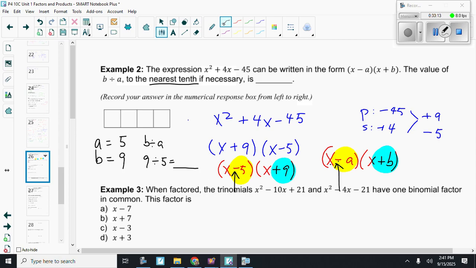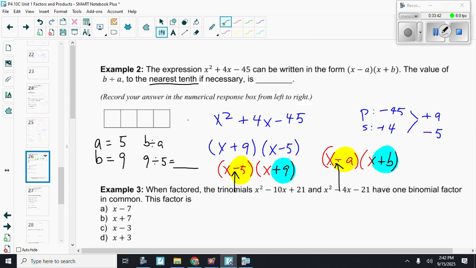If you get an answer and it's negative, don't just put a negative out in front. It just means that somewhere along the line you made a little mistake. I'll never ask you for a negative answer in a numeric response box. That's another reason I know I had to drop the negative sign, because otherwise my answer would have been negative. What did you get when you put that into your calculator? What's 9 divided by 5?